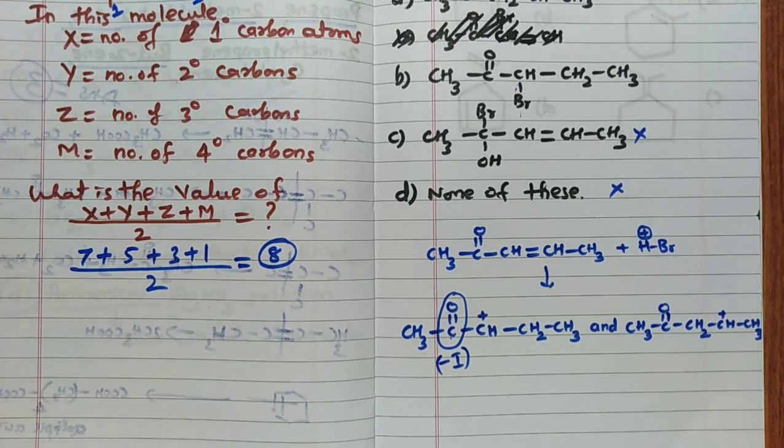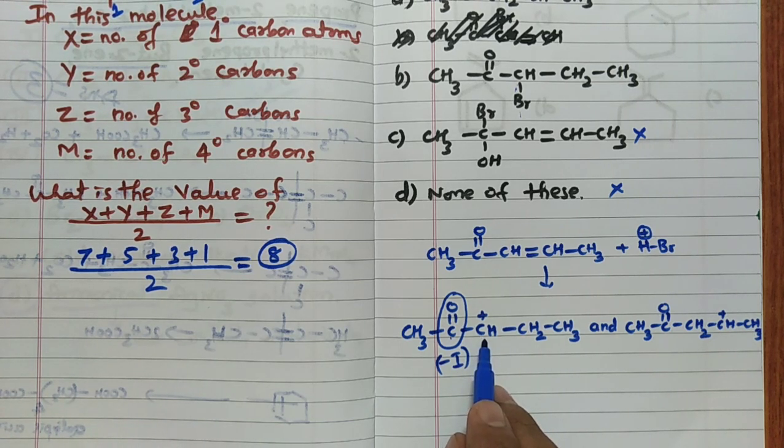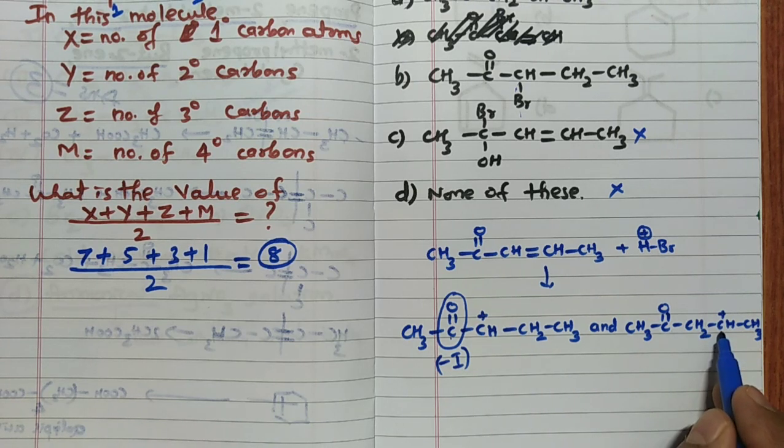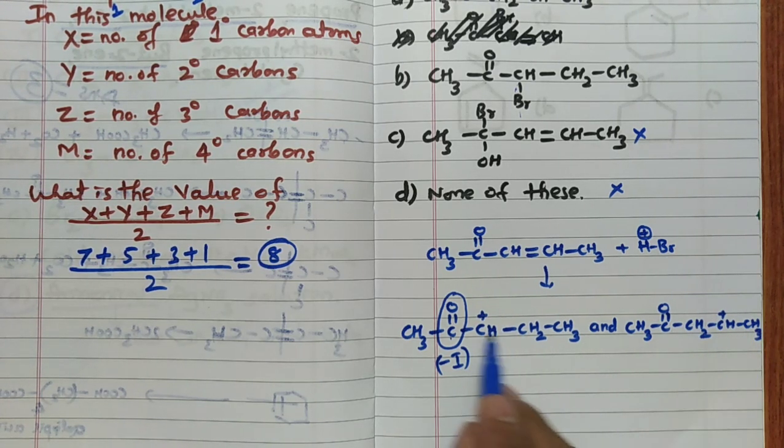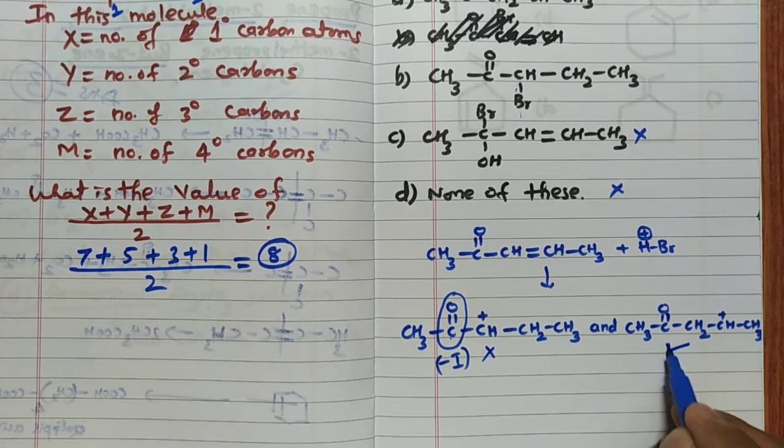So COOH, CO, CN, NO2 will produce a minus I effect. Minus I effect means definitely this carbocation is not stable. This carbocation is more stable because it is surrounded by two alkyl groups. It is surrounded by an alkyl on one side but a minus I effect on the other side. So hence remember, this is not stable. This is stable. When this is stable, you are going to get the product.